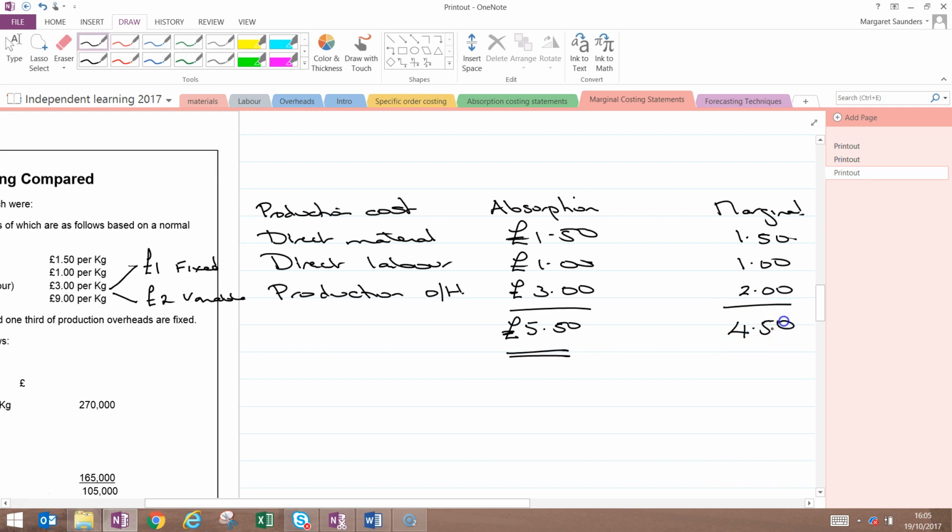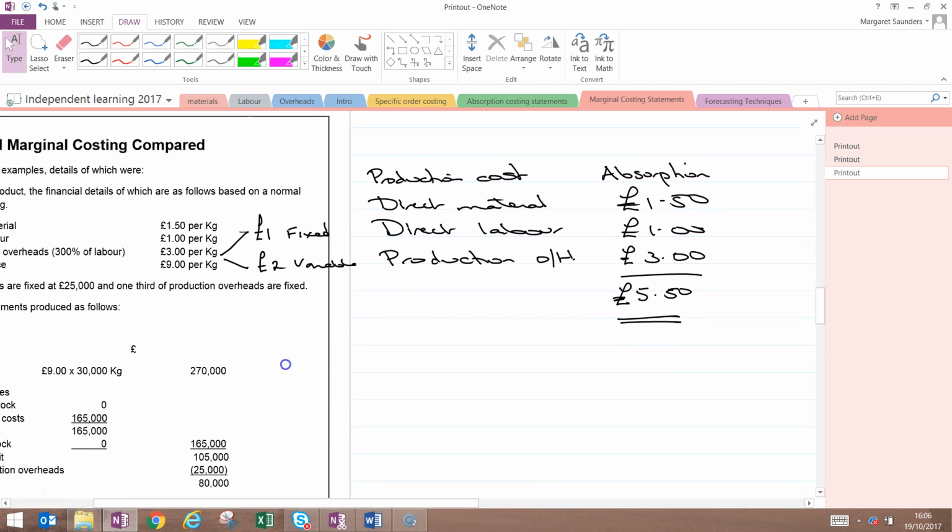So that gives a valuation per unit of £4.50. So you can see two different production costs depending upon whether we use absorption or marginal costing.